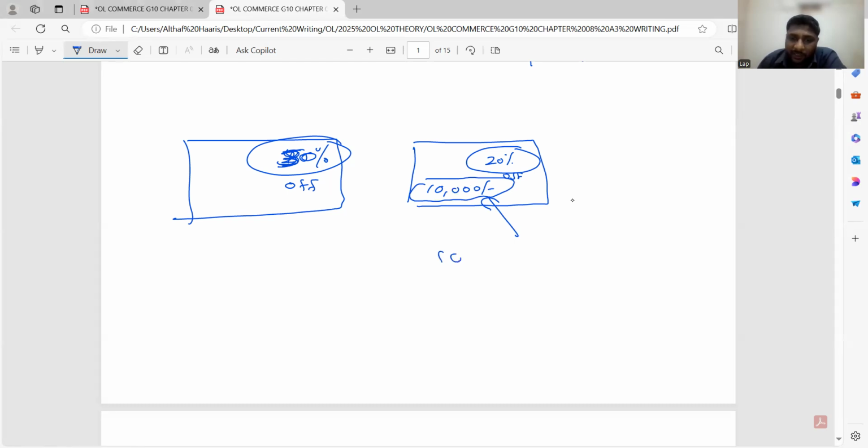Then 10,000 is the price they have displayed. We'll call it the list price. From that, you are getting a discount of 10,000 into 20%. Then how much is the discount? 2,000.